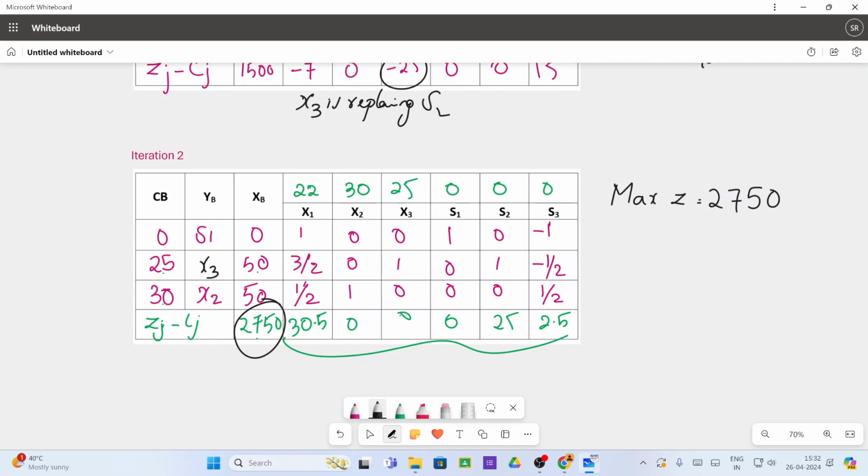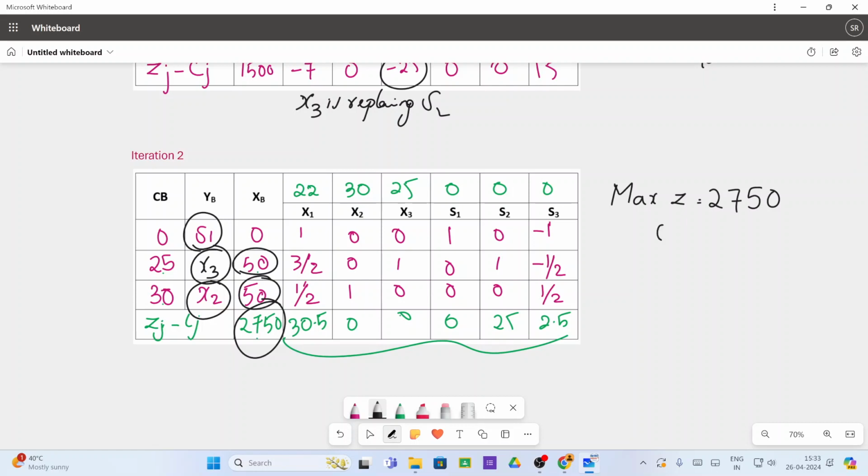That we have to tell. Here x1 is not there because x1 is not even replaced, so s1 is still there. So we have only the values of x3 and x2. The value of x3 is 50 and x2 is also 50.